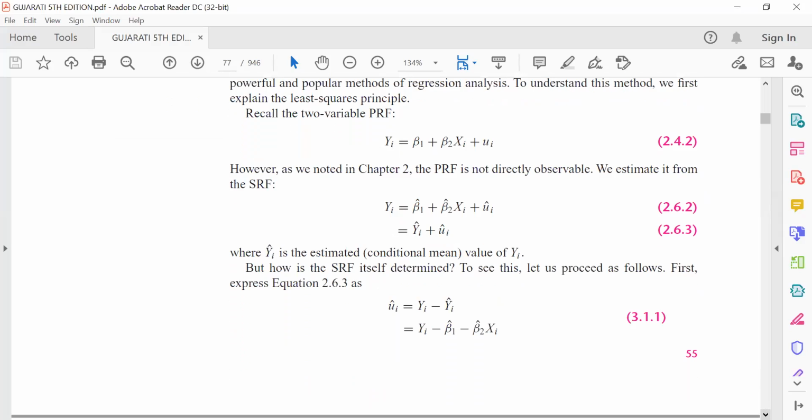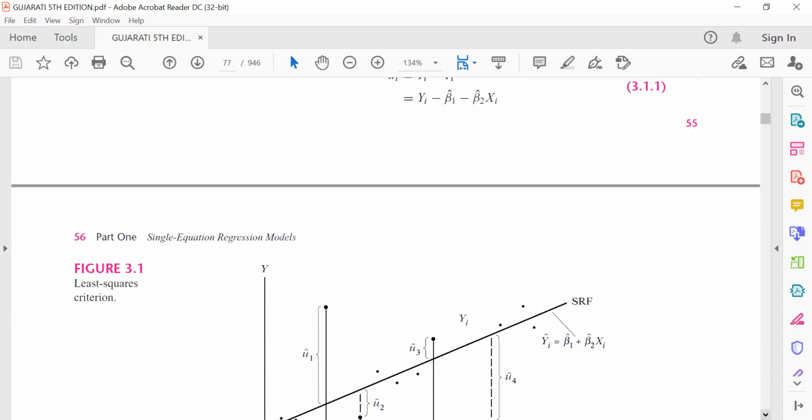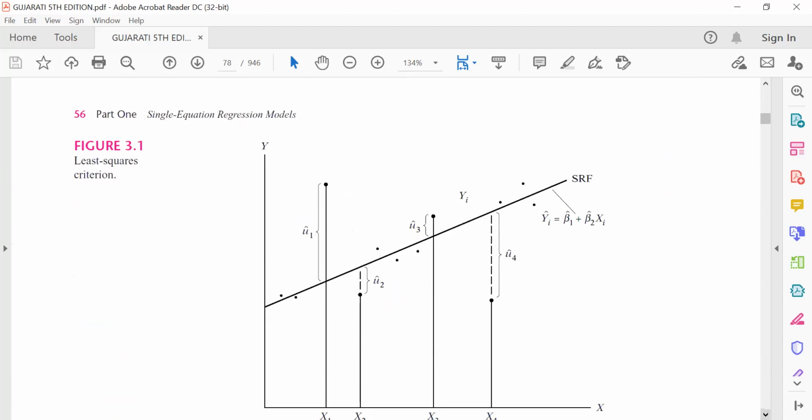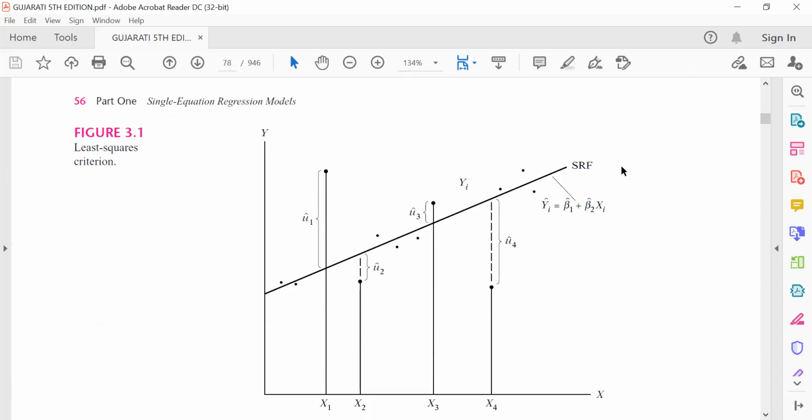How is the sample regression function, SRF, determined? To see this, let us proceed as follows. First, these are residuals, 3.1.1 is a residual, the difference between the actual value and the predicted value. The smallest residual means our data are representative. This line is the sample regression function.